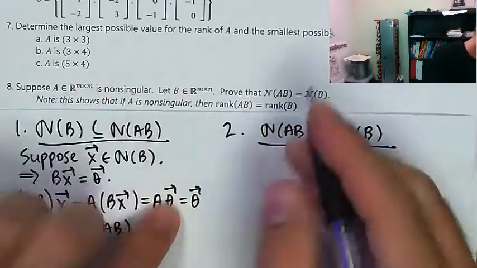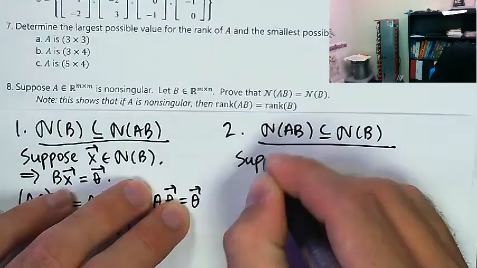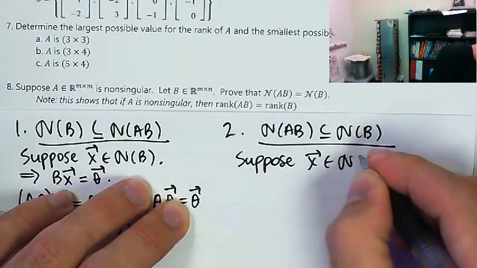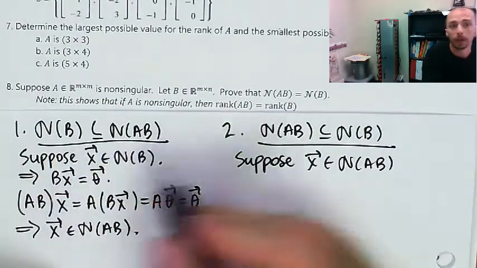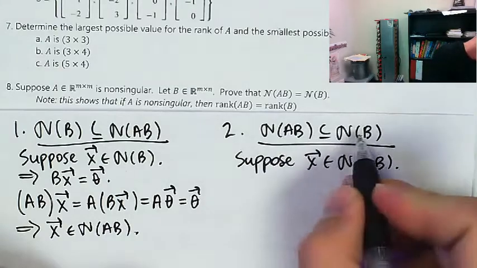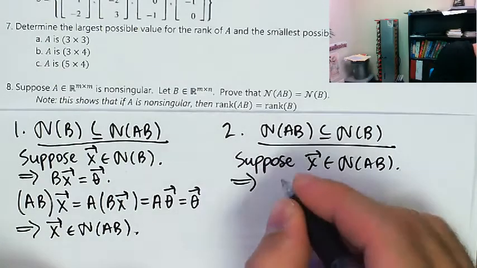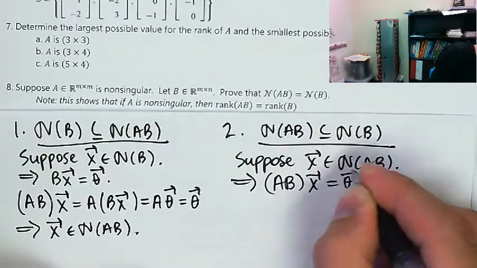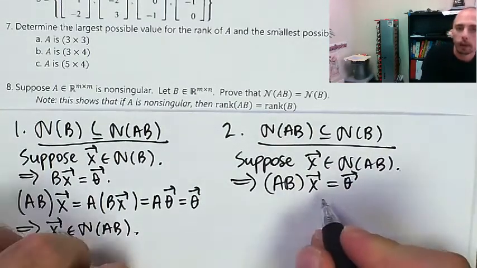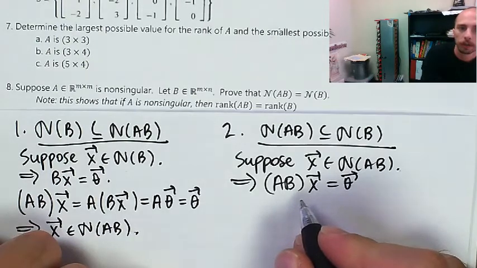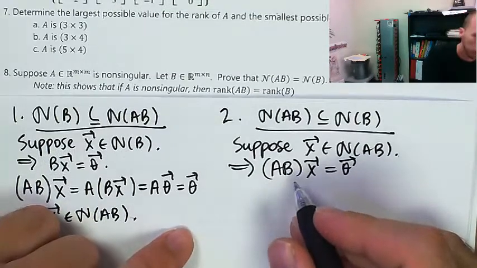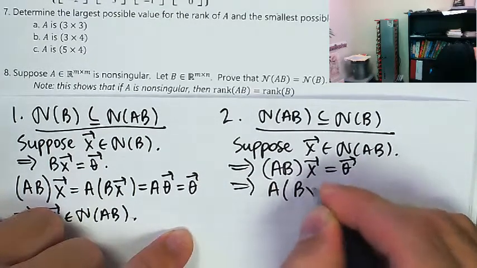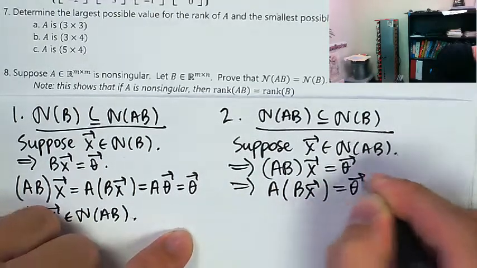So what I want to do is suppose x is in the null space of A times B. It's pretty much the opposite of what I did over here. That means matrix AB multiplied by x is equal to the 0 vector. Again, matrix multiplication associates if it's defined, so I've got A times Bx equals 0.